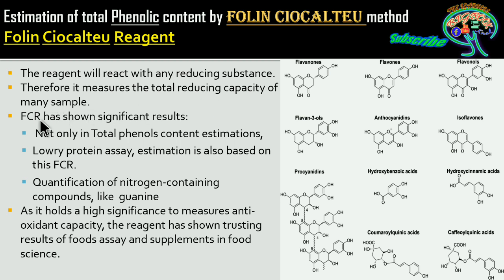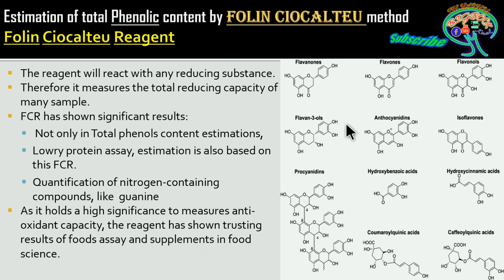Further, FCR has shown significant results not only in total phenol content estimation, it is also seen in Lowry protein assay estimation. Quantification of nitrogen has also been done with the help of this FCR method. As it holds high significance to measure antioxidant capacity, the reagent has shown trusted results in food assays and supplements in food science.